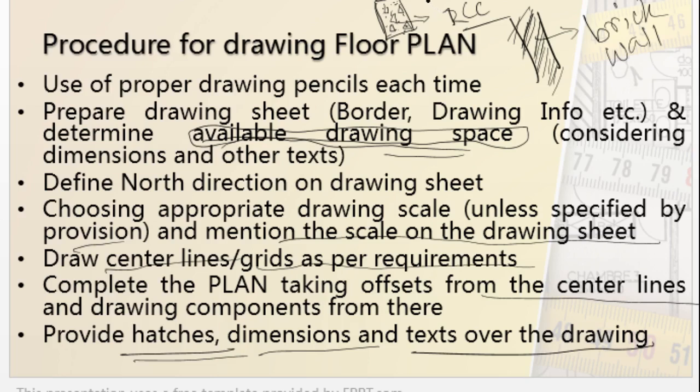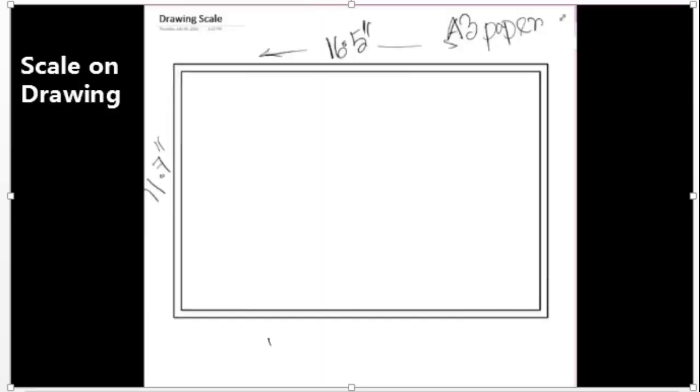So we use different types of hatches to define different types of components, and make sure we only use these hatches if those components are cut by the plane, after which we see the plan view. And finally, we give the dimensions as mentioned, and text over the drawing, whatever is written and necessary. Now we will watch how to determine the available space. One typical video will try to illustrate this.